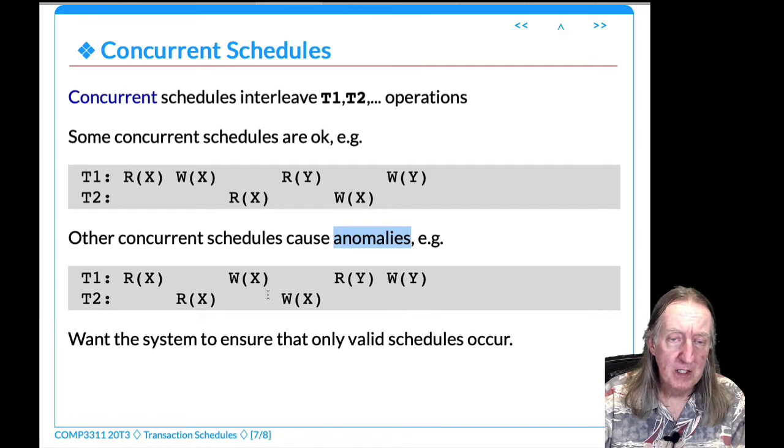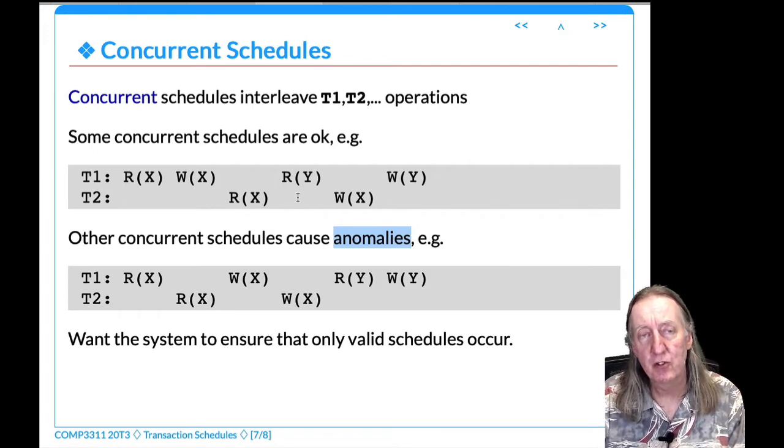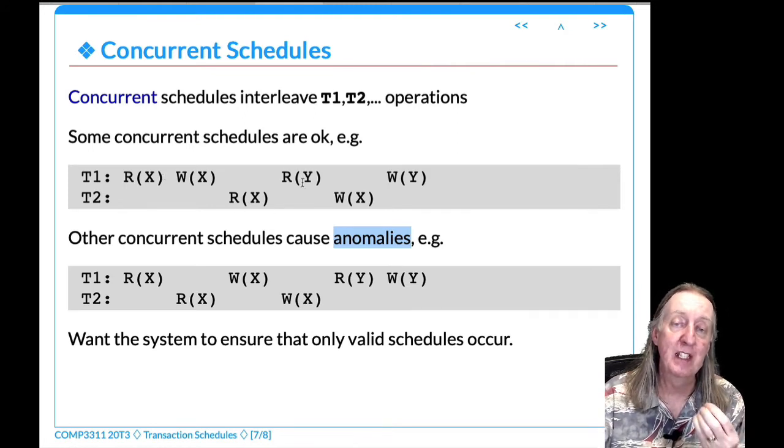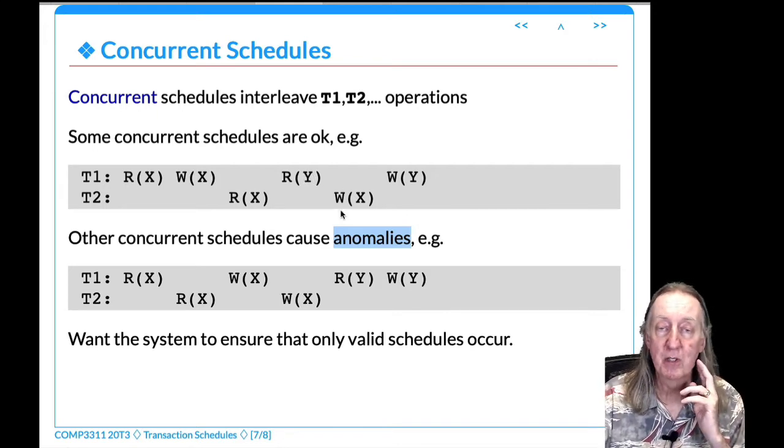So some ordering of operations is bad, some ordering of operations is harmless. So what all these concurrency control schemes are really about is making sure that the operations execute in a sensible order that's going to lead to a consistent state.